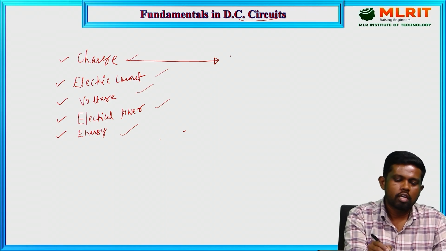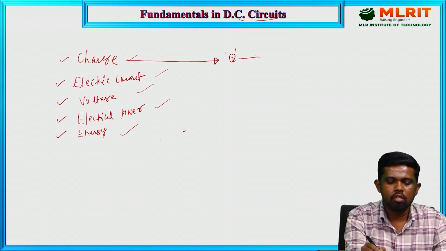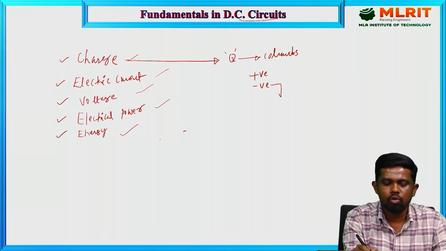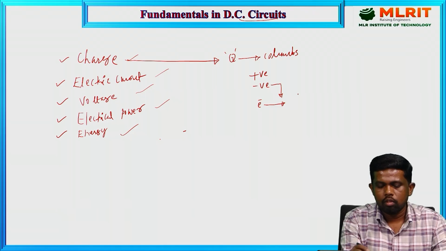The charge is denoted by the capital Q and measured in coulombs. Charges are of two types, positive charge and negative charge. In electrical circuits or DC circuits, more frequently we use the negative charge only, that is the electron. So we need to look at the mass value of the electron and also the charge value of the electron.